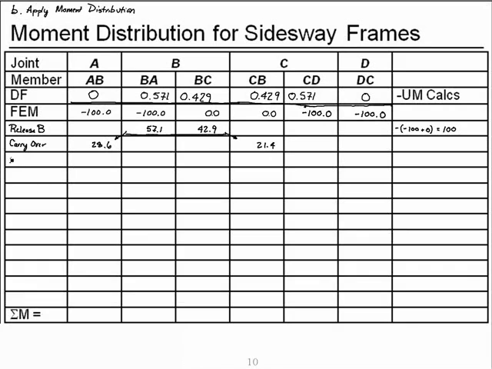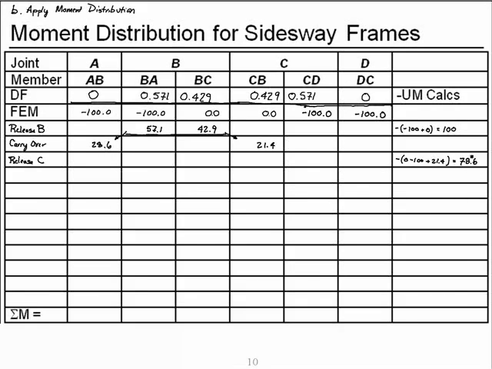Now let's release node C. My unbalanced moment, I have a minus 0 minus 100 plus 21.4. And that means we need to distribute 78.6 foot kips to bring node C back into equilibrium.